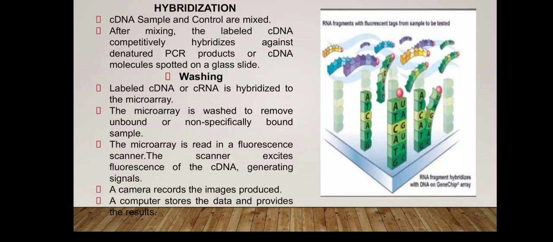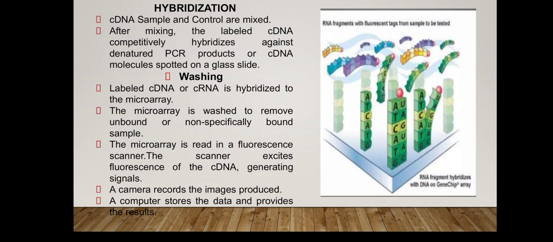Hybridization. Hybridization is done in two steps. cDNA samples are collected, which are labeled with one dye, and control cDNA samples, which are labeled with another dye. These cDNA samples are then mixed to hybridize to the microarray, allowing researchers to compare gene expression levels between the samples and the control.